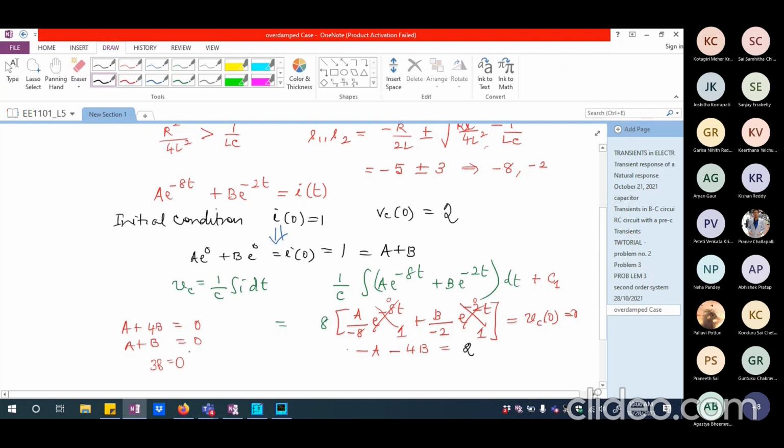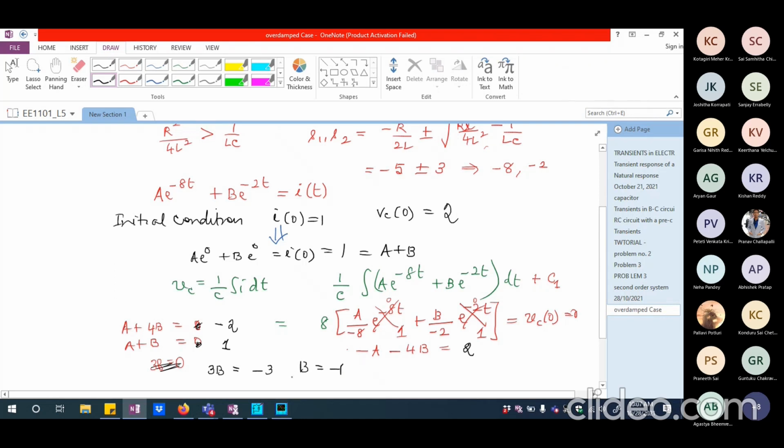Let's see. So A plus 4B is minus 2 and A plus B is 1. If we subtract one from the other, I'm going to get A minus A 0, 4B minus B, this is minus 2 minus 1, which is minus 3. So B is coming out to be minus 1. Am I right?